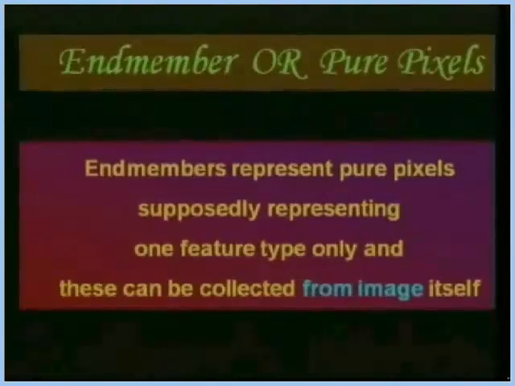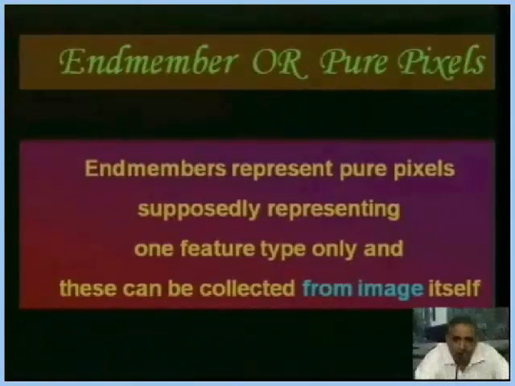When you are trying to do this classification, we need some pure pixels. In the field of hyperspectral remote sensing, these pure pixels are termed endmembers. These endmembers represent one and only one feature type, and they can be collected a priori in the laboratory or from the image itself.